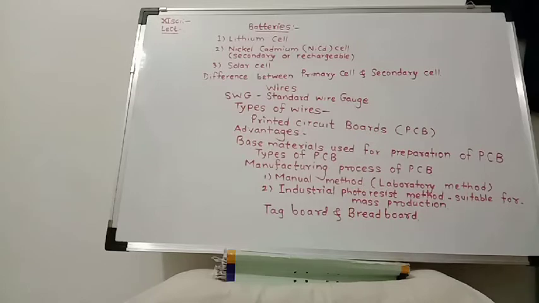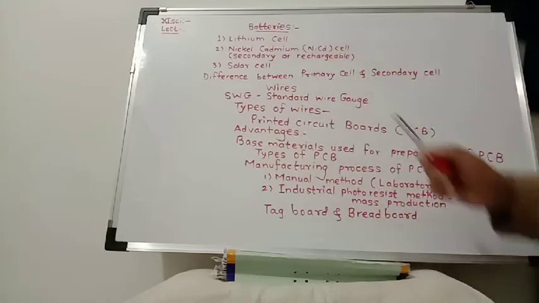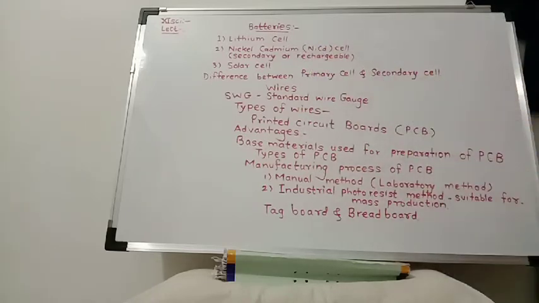Okay, now we will study about nickel cadmium cell, the second type. This is a secondary cell or a rechargeable cell. It is an alkaline cell.